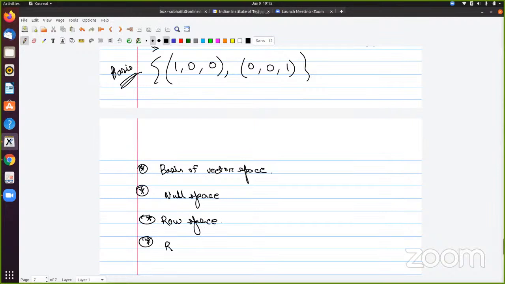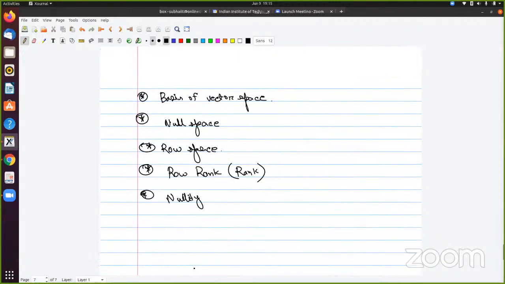Then we need what is rank, say row rank, which is eventually rank. And then we need what is nullity. We need all these things. So can you just tell me one by one? Anyone who wants to contribute?